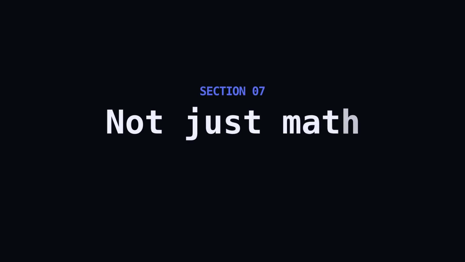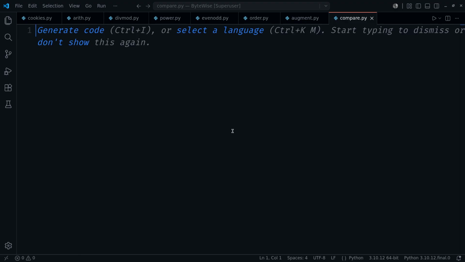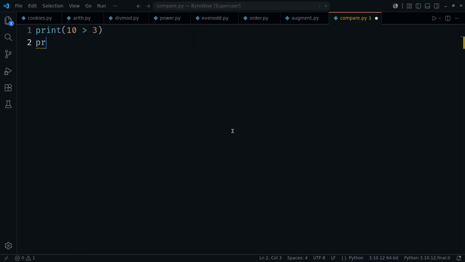One last family. Connecting to Booleans, comparison operators bridge arithmetic and decisions. Greater than, less than, and their or equal cousins are operators too. But they hand back a Boolean, not a number.